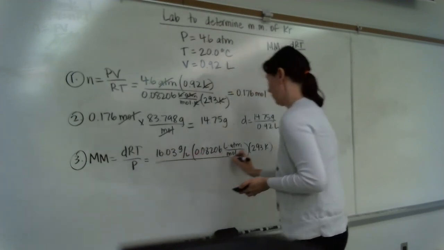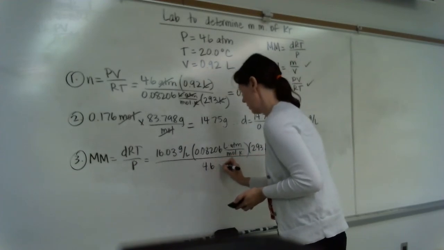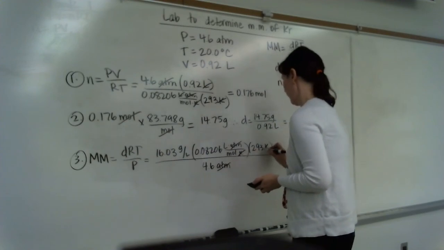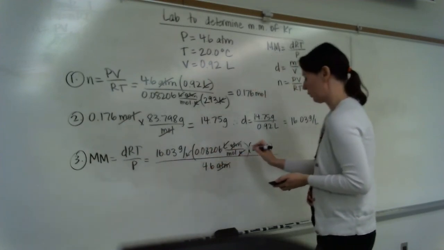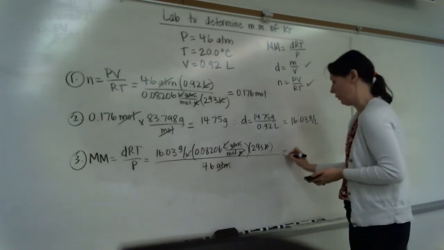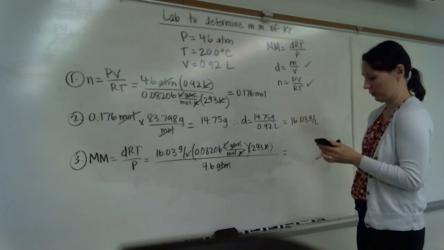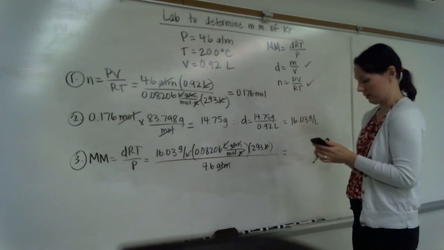All divided by my pressure, which was 4.6 atmospheres. So atmospheres cancel, Kelvin cancel, and liters cancel. So that gives me grams per mole as my units, which is what I want. So times 0.08206 times 293 divided by 4.6.